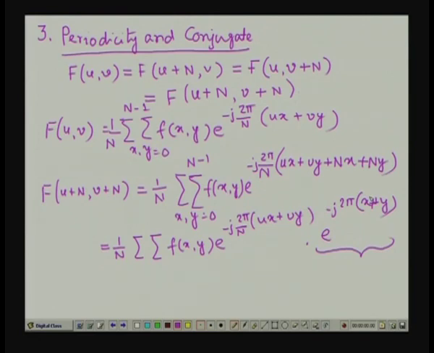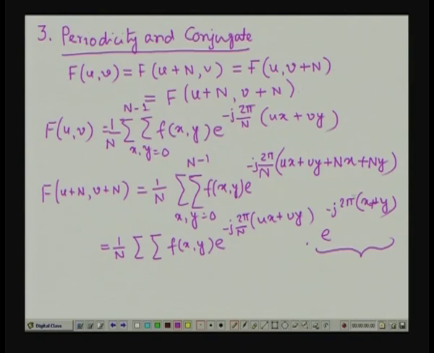So, this will be e to the power minus j k times 2 pi. Because this is an exponentiation of some integer multiple of 2 pi, the value of this second exponential will always be equal to 1.